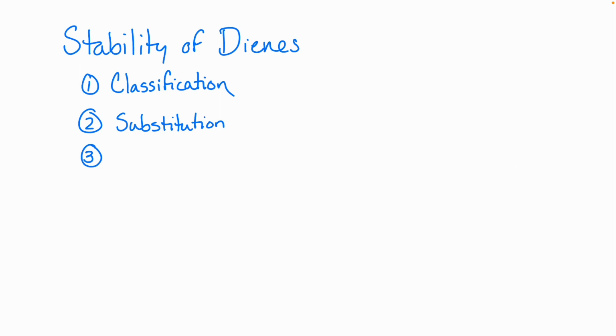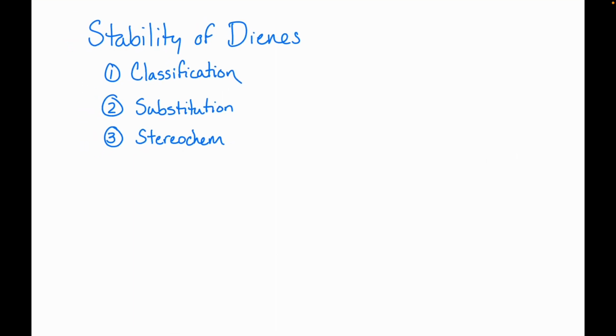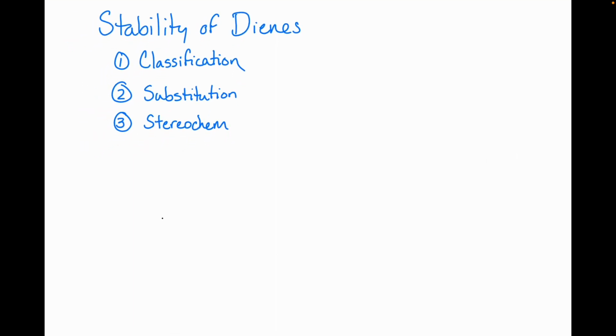And then lastly would be the stereochemistry, the idea that we want big groups pointed on opposite sides, right? But if I'm going to rank these factors here, classification is the most important, then we go to substitution, then finally stereochemistry. All right, so I'm going to put down 4 molecules, and you're going to rank them, least to most.